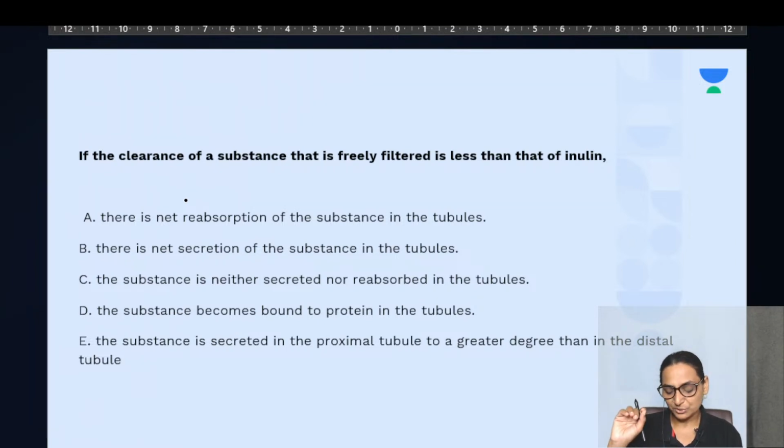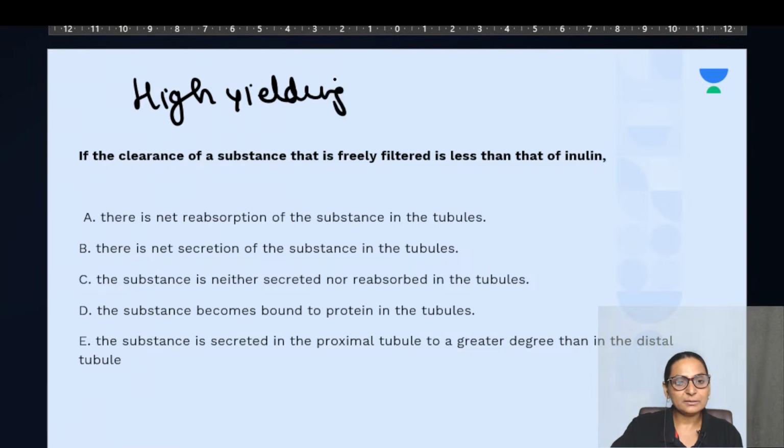Now let's move on to the next question. Again, one of the very important questions, which is from your renal physiology. This question is clearance. If you also go through your NEET PG questions, you will find that it has come almost repeatedly. So this is again a very high yielding topic.